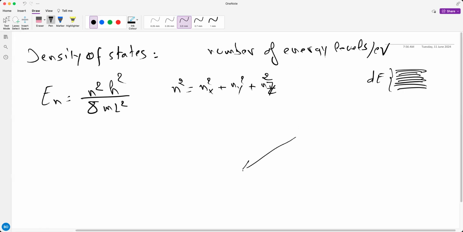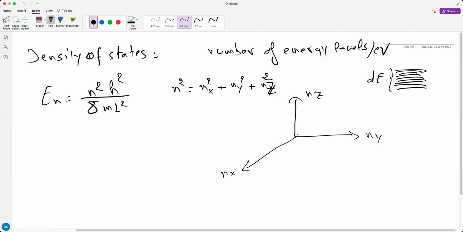Just to review very quickly what we did yesterday, let's say this is nx, this is ny, and this is nz. They are all integers that go from 0 to infinity, so 0 and positive integers.